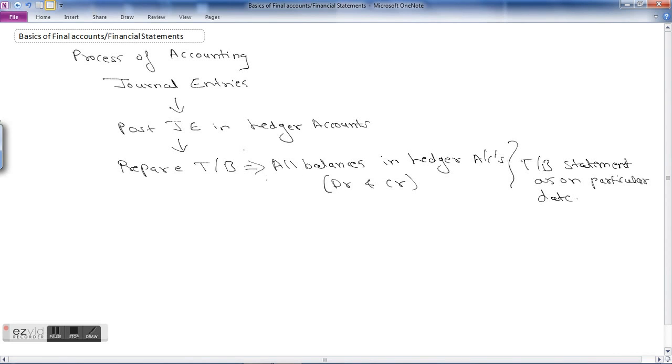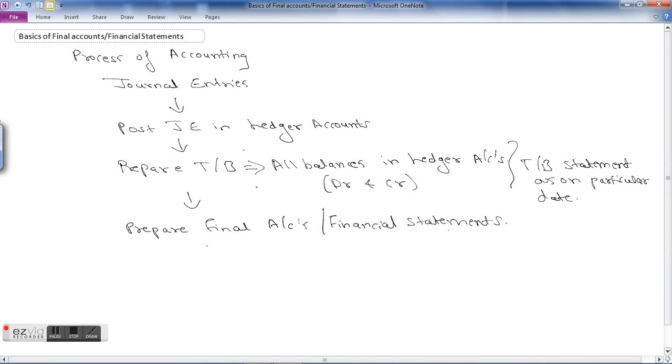Then after preparing the trial balance, we prepare final accounts, which you also call financial statements. As the name itself suggests, this is a reporting.